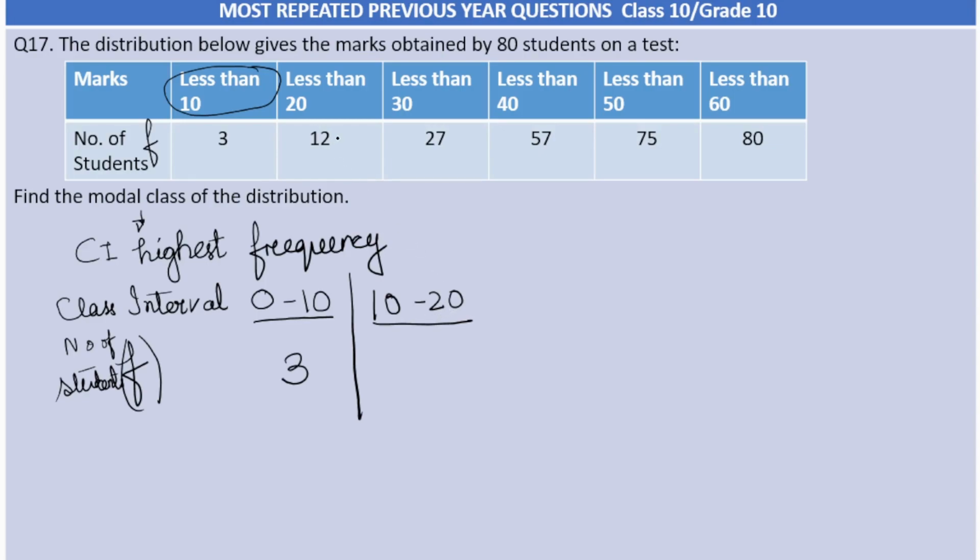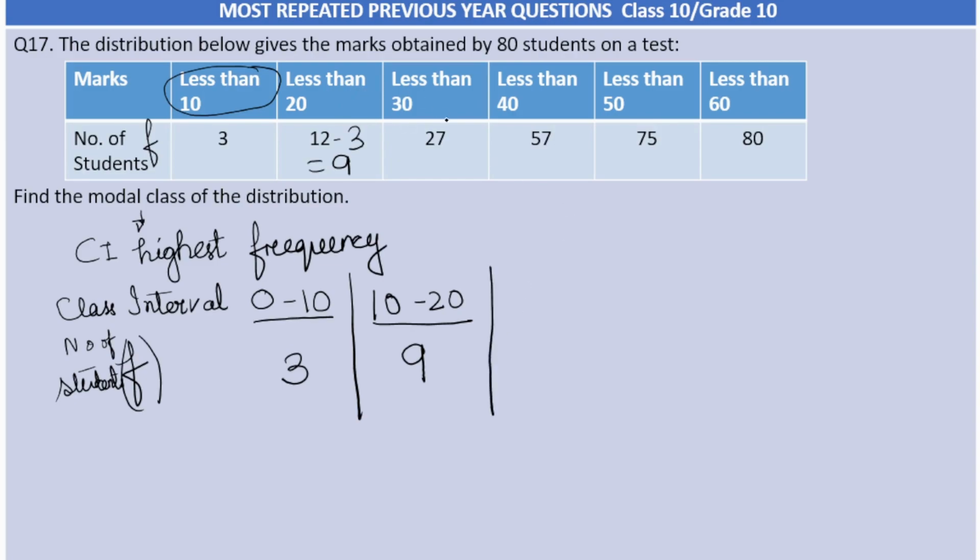So we have to subtract these 3 students from this 12 to find out the number of students who have scored between 10 to 20. So 12 minus 3 will be 9. I hope you are getting what I am trying to say. 9 students have scored 10 to 20, and 0 to 10 marks 3 students have scored.